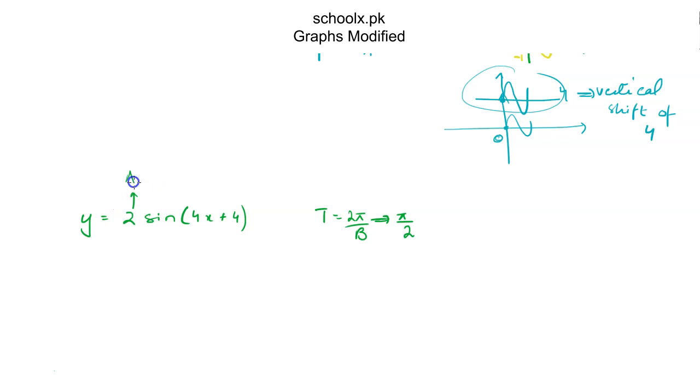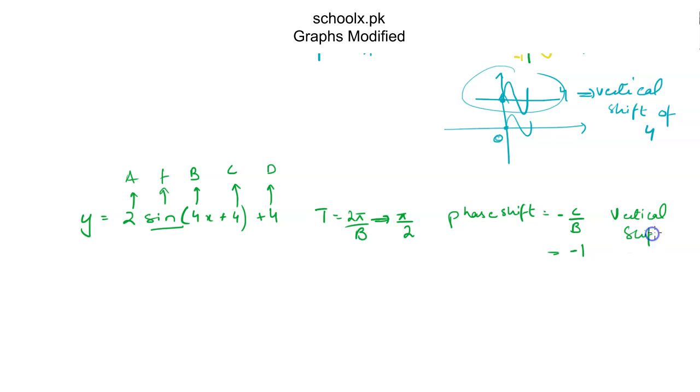This is a, this is b, this is f, this is c, and this is d. Phase shift is negative c over b, which in this case is -1. Vertical shift is 4. Is there anything left? No, there's nothing left. So let's draw the graph.